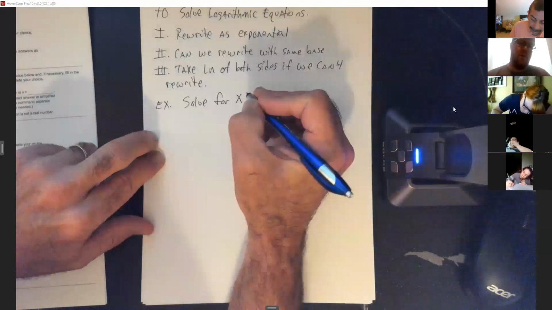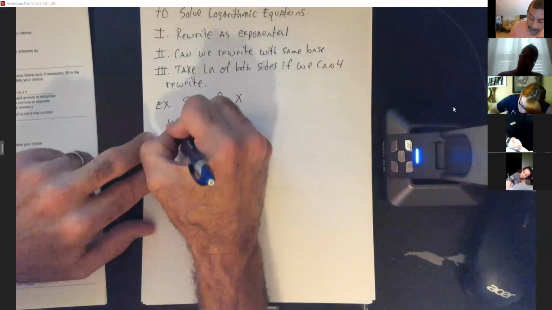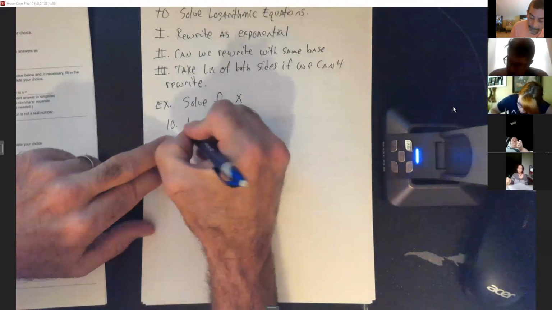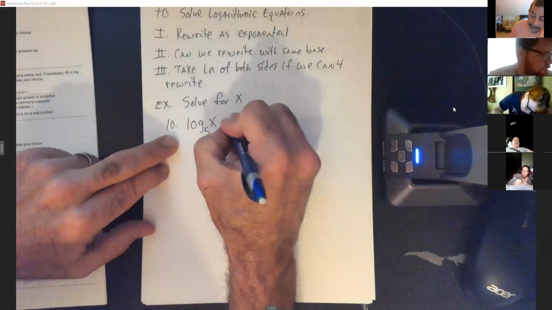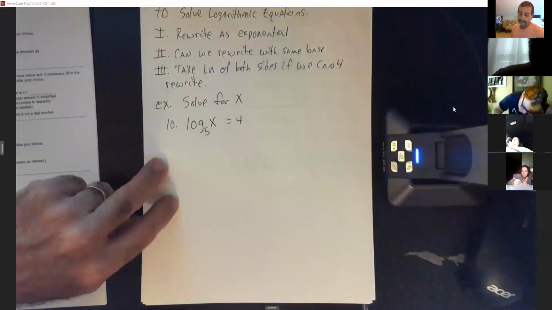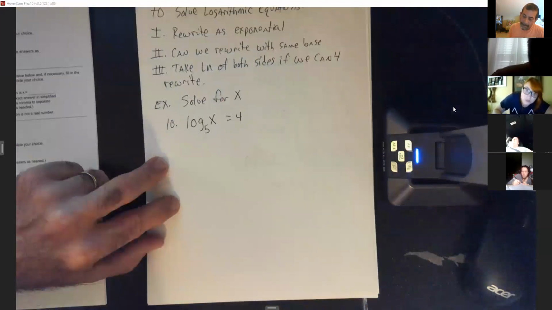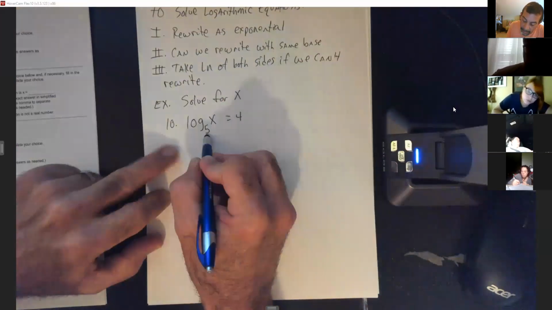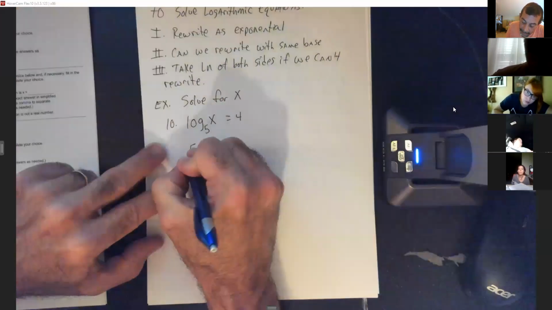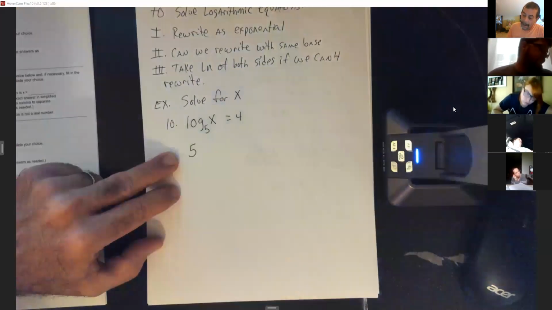Oh, and this starts at about number 10, I think. So I got log base 5 of x equals 4. So remember, I'm going to rewrite it. 5 is my base, so I'm going to write my base 5.